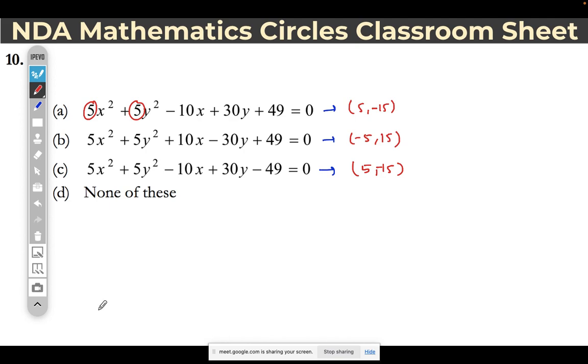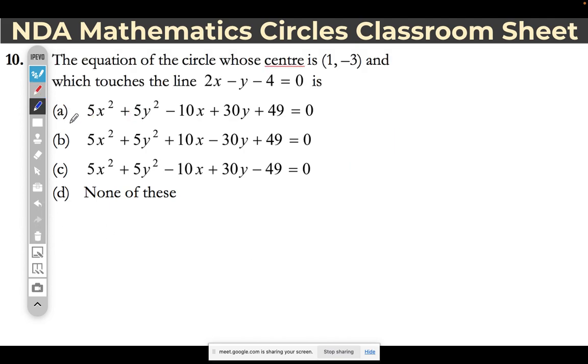First guy. Actually, they should be 1. Wherever we have learned circle, the coefficient of x square and y square are 1. We are supposed to take it common. So the first step is all these equations should be converted to x square plus y square minus 2x plus 6y plus 49 by 5.